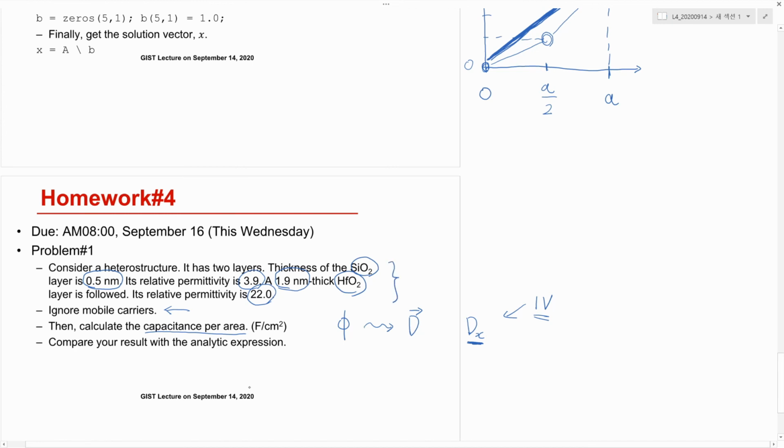And in your report, please make a comparison between your numerical result and the analytic solution.